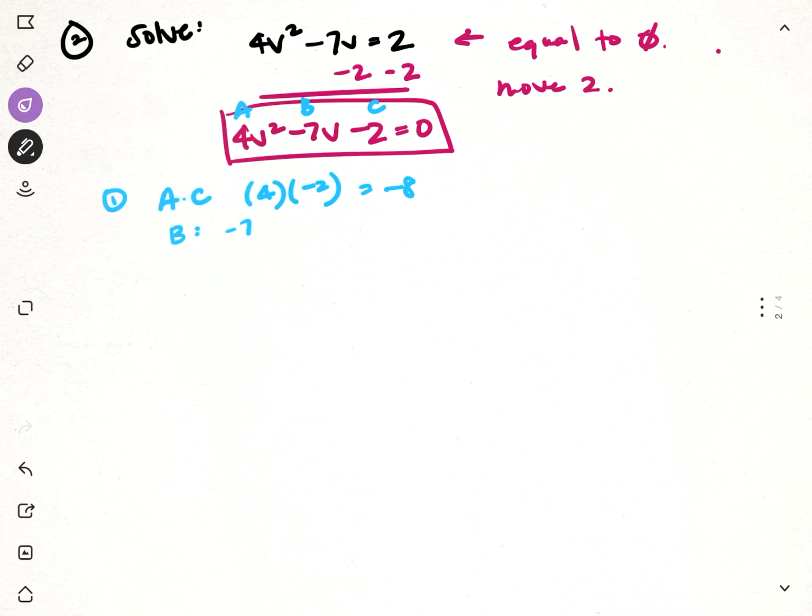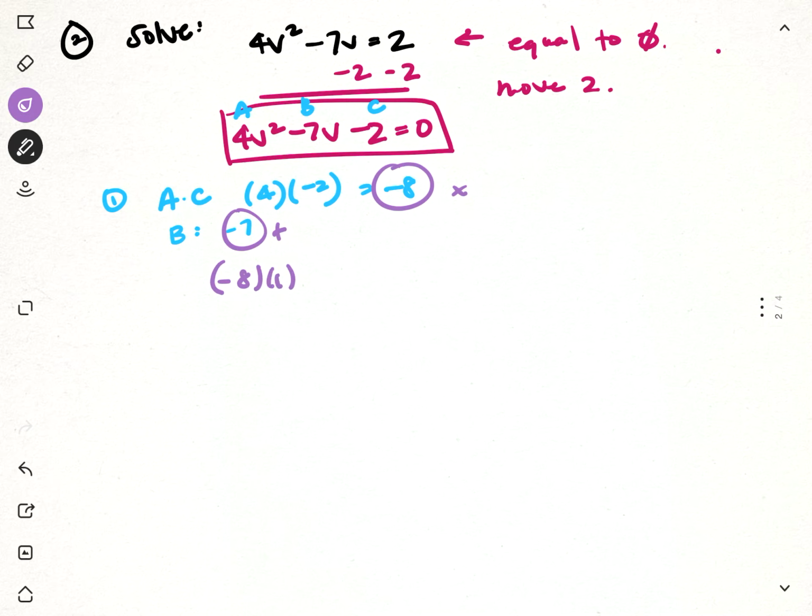So what we're looking to do here is find what multiplies to get negative 8 and adds to get negative 7. So we're looking at the factors of negative 8. We can do negative 8 times 1, right? Negative 8 times 1 is negative 8.